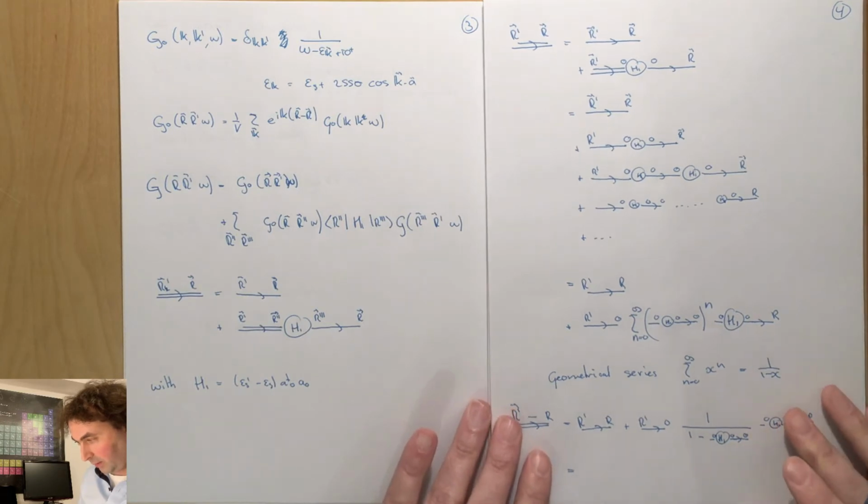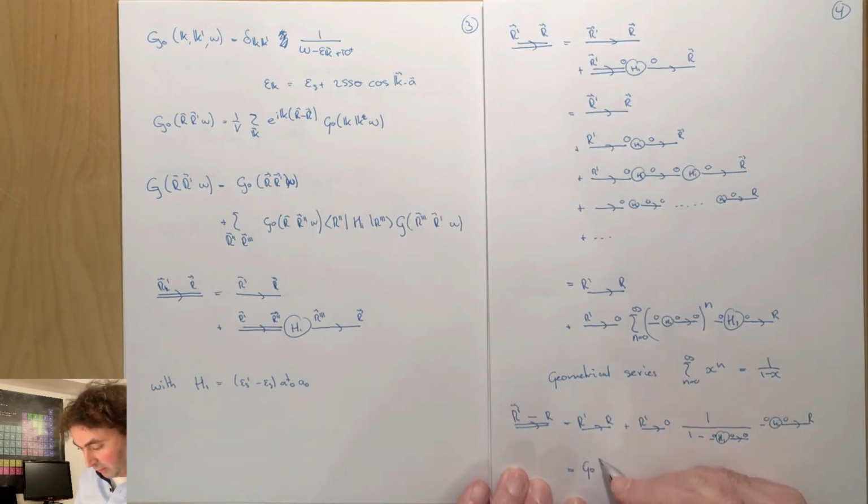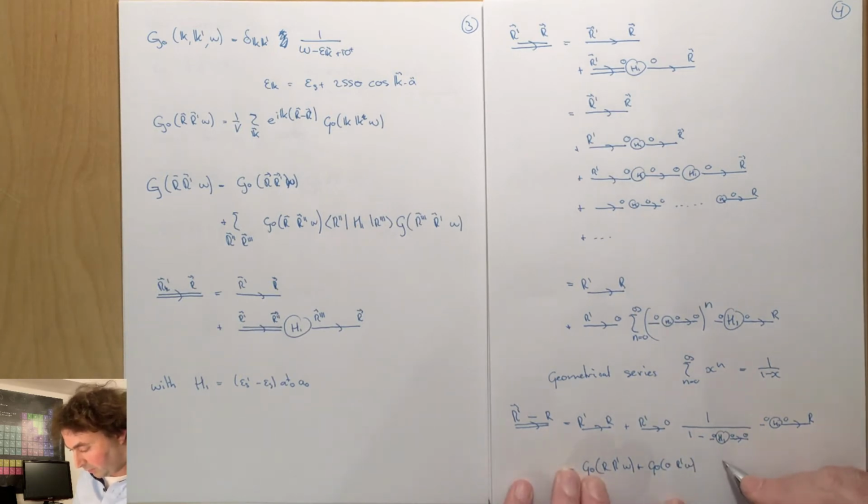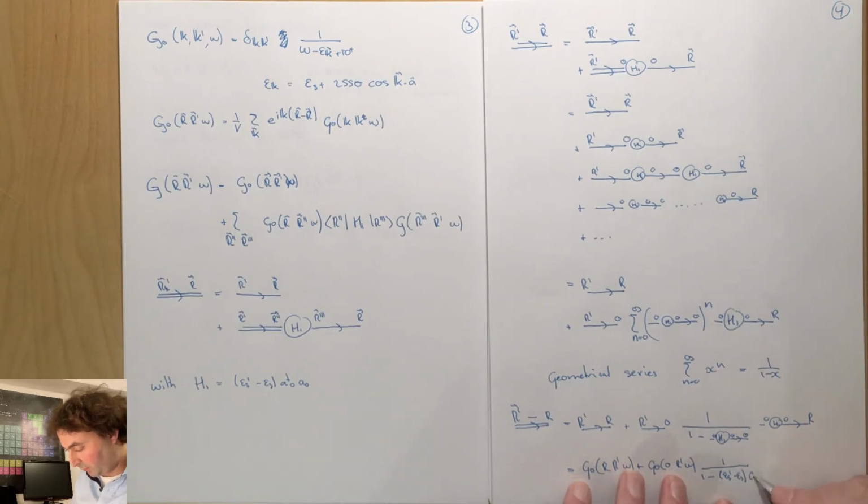If we put them in formula, then this is G0 r prime r of omega plus G0 going from r prime to 0 times 1 over 1 minus epsilon s prime minus epsilon s, which is H0, G00 of omega, and then epsilon s prime minus epsilon s, G r to 0 of omega.